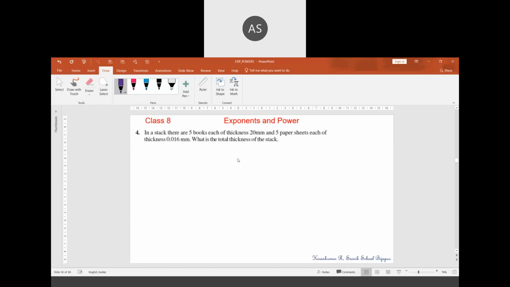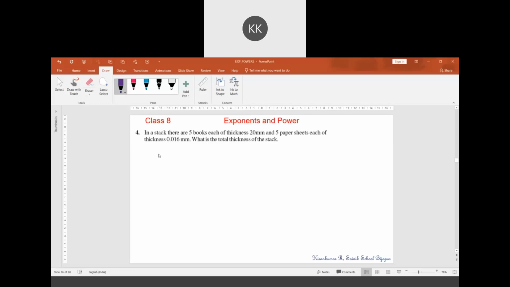Sir, first we have to take the thickness of the 5 books, and next the thickness of the 5 paper sheets, and we have to add them. It's a question related to addition, but we have to consider the thickness of the books separately and the thickness of the paper separately, and add them.